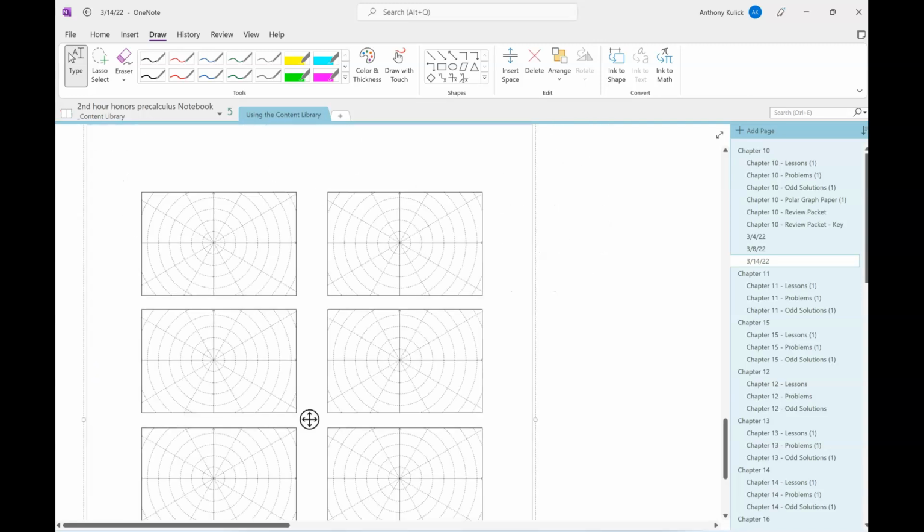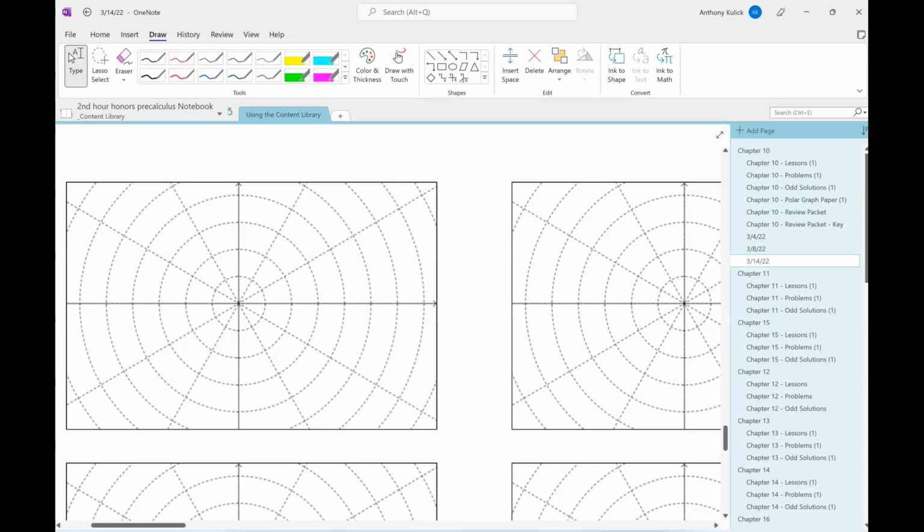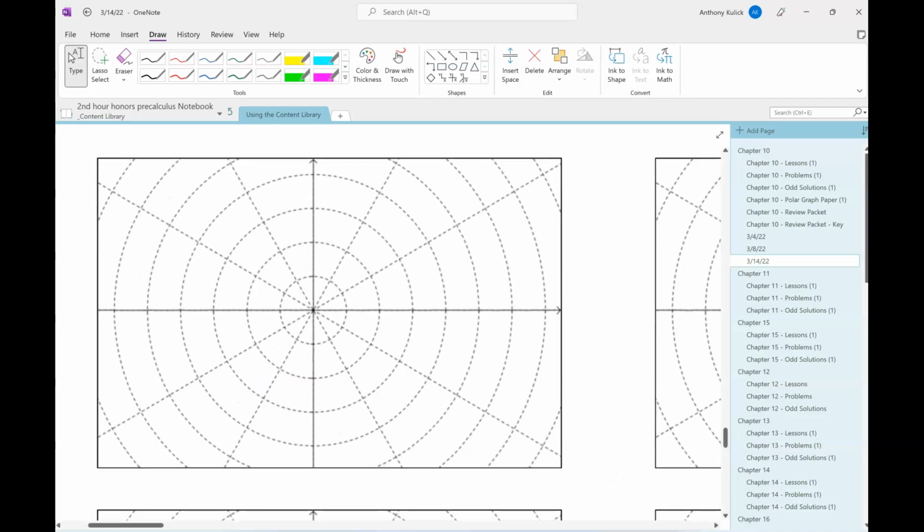All right. So what we have here is a picture of polar graph paper. It's not a spider web. So the concentric circles, we know what the word concentric means? Each other, right? They have the same center, so they're all like one is inside of the other.